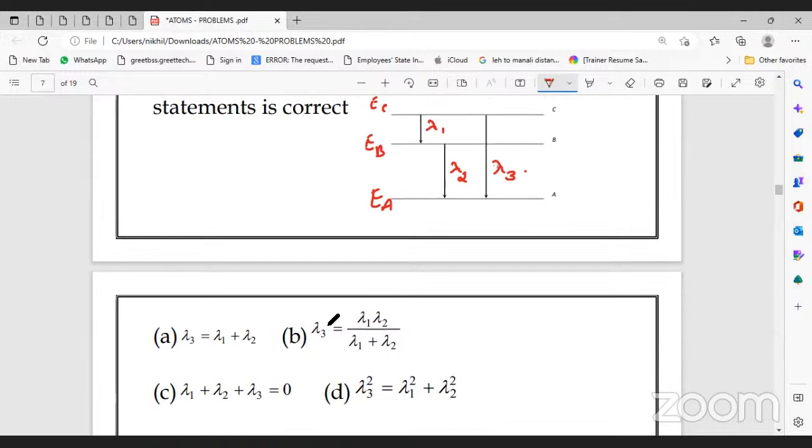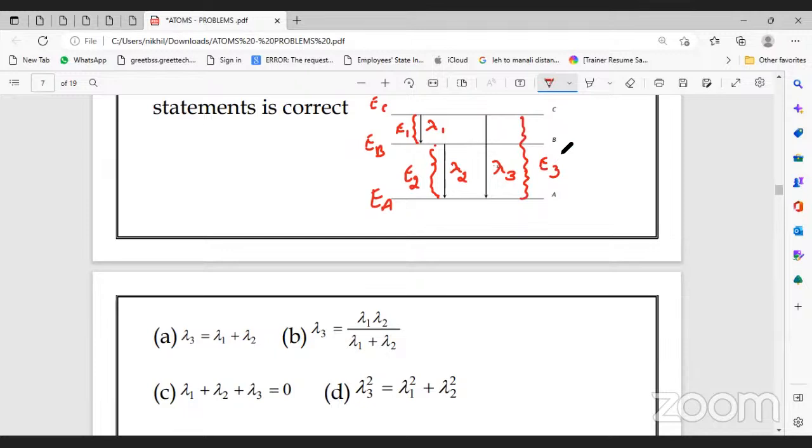Look at the diagram. Whatever the energy gap is from EC to EB, let it be E1. The energy gap from B to A is E2. The energy gap from C to A, let it be E3.